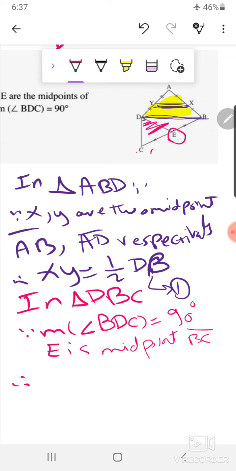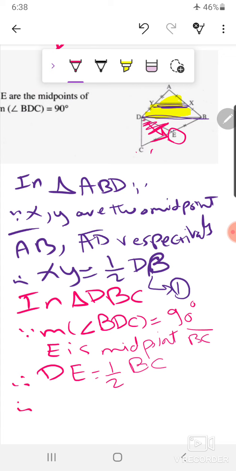Therefore, DE, of course, is a median because you have a midpoint, and measure angle BDC equals 90. So DE equals half the hypotenuse. Which one is the hypotenuse? It is opposite to the 90, which is BC. Did you understand? Okay.